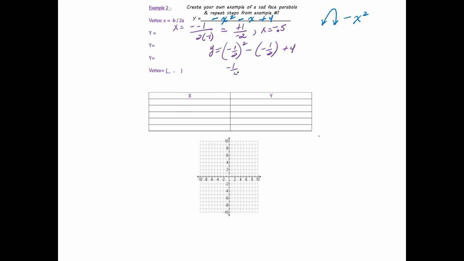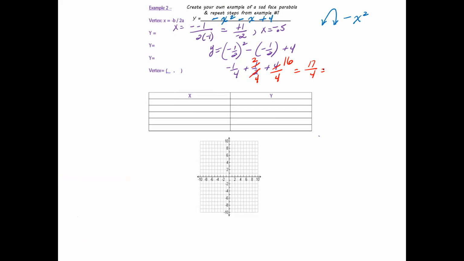So that's a negative 1/4 plus a 1/2 plus 4. Well, I got to make sure I have a common denominator. So let's make that a 4. That'll be a 2. This is a 4. This is a 16. So then that's a positive 1 plus 16, which is a 17 over 4.